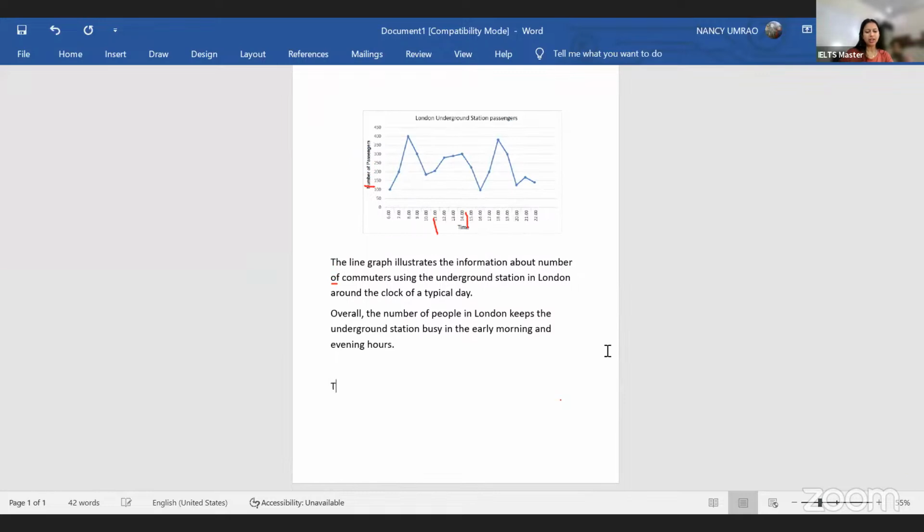Now you can see you have to write the body paragraph. To write the body paragraph, you need to initiate with to begin with, comma, the station, those should be small after comma.